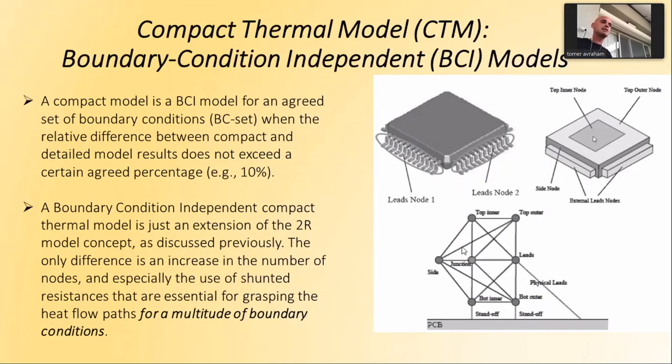It has a network. It could be huge, and it's supposed to not be boundary condition dependent. So we use a big set of boundary conditions, and we change all the time the placements and add resistors if we need. It's a very, very, very long process, but we don't have the detailed model, or perhaps we do have the detailed model, but we don't want, as vendors, to give the detailed model to the buyer.